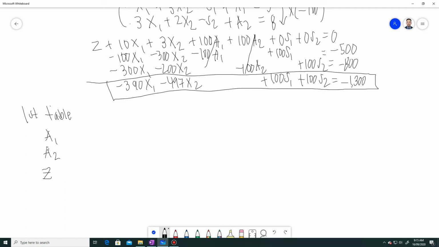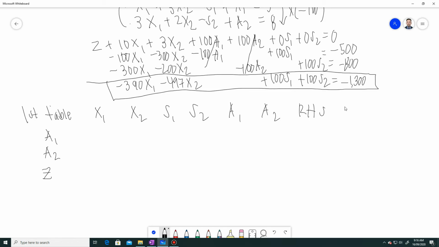Remember that we do not include the slack. And then for the columns, we have x1, x2, a2, right hand side.